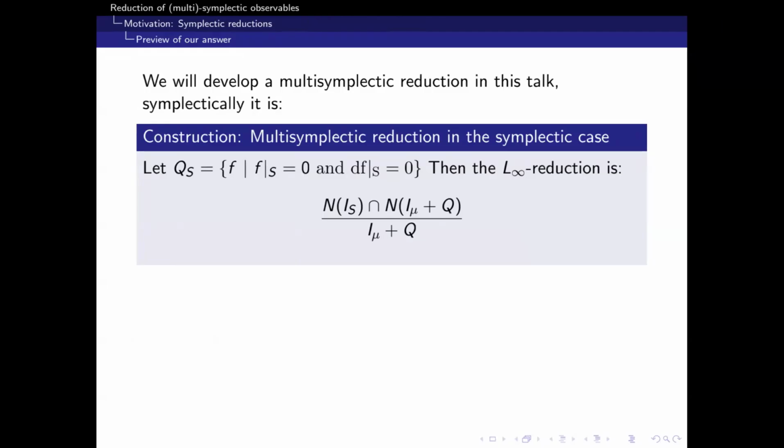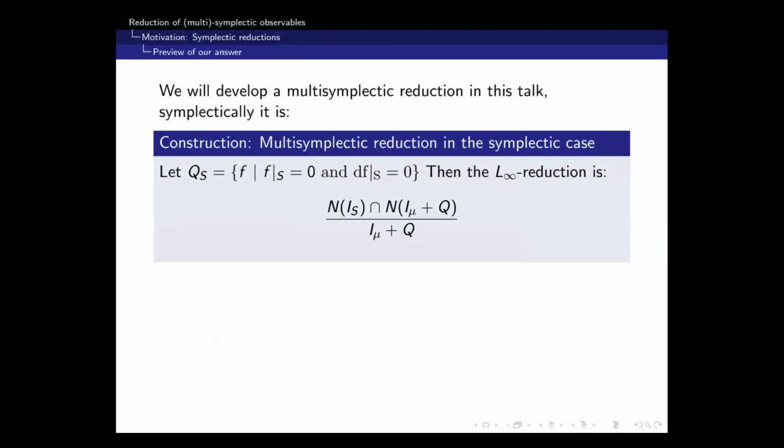We have the ideal I_mu that we just saw. We are only recovering its first order information because we are adding the space of all functions that vanish on S and whose derivative vanishes on S. So those are functions which vanish quadratically on the subset.